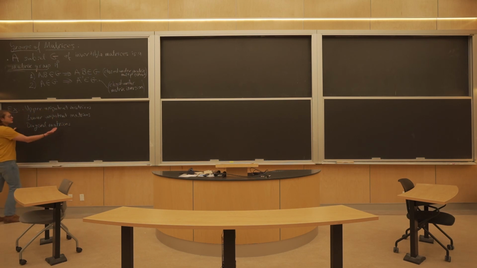So for instance, here I'm saying that if I were to take two diagonal matrices that are invertible, certainly their product would also be diagonal, and the inverse of a diagonal matrix would be diagonal also. So saying that diagonal matrices is a matrix group is code for that.